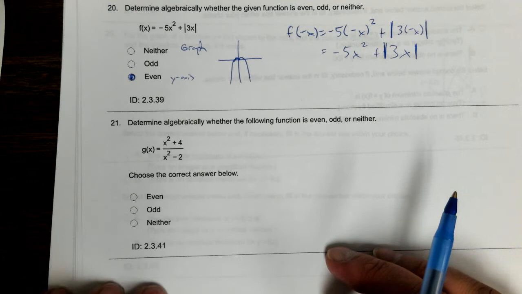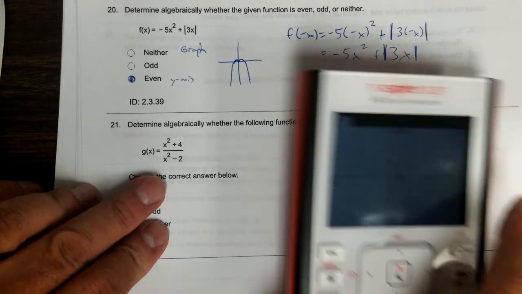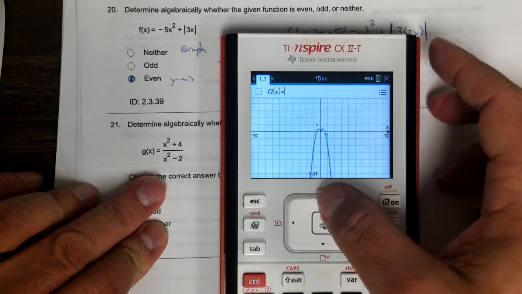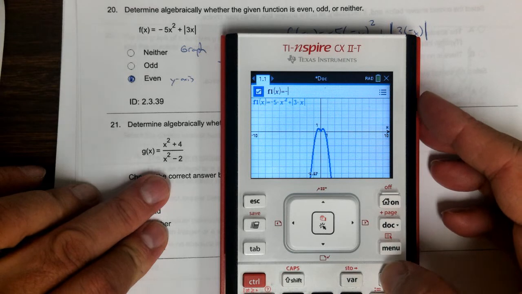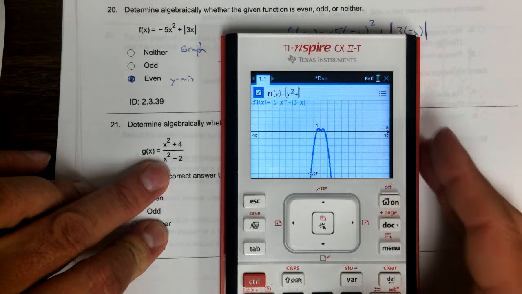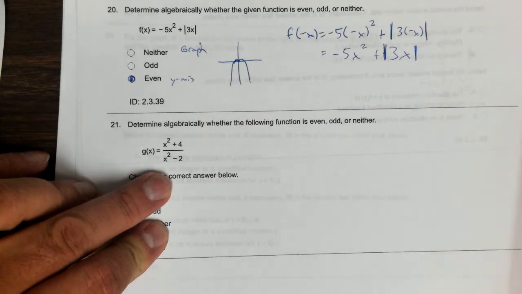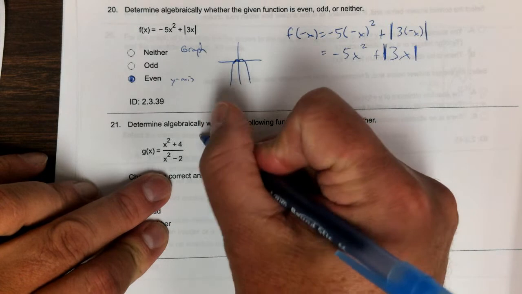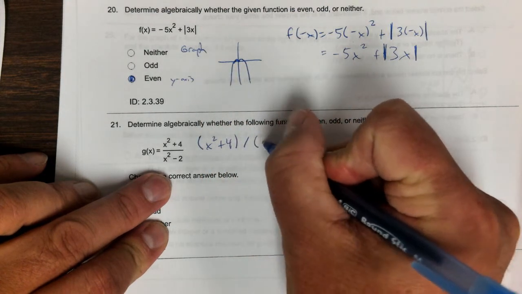Okay, the next one, this is a rational function, or somewhere they call it reciprocal. On this one, make sure you do your parentheses. So what I'm making sure is you do this.